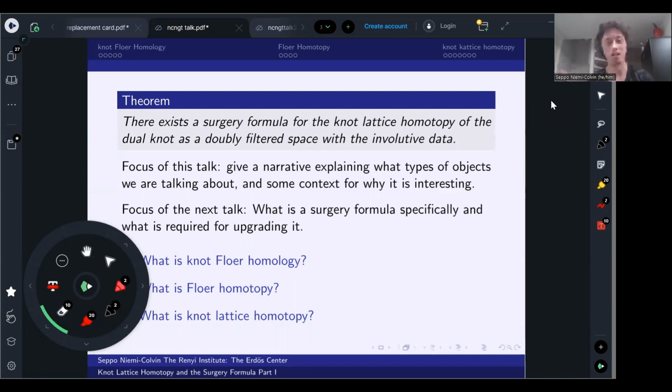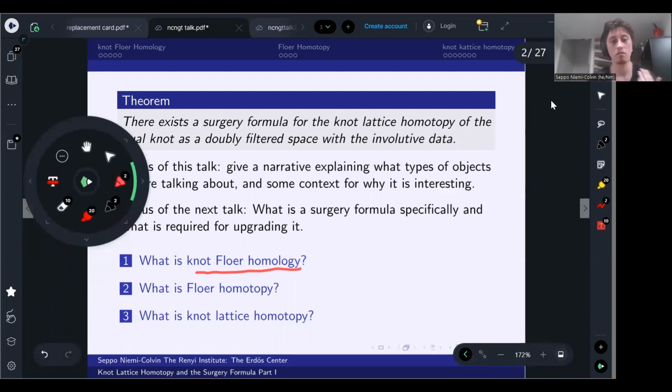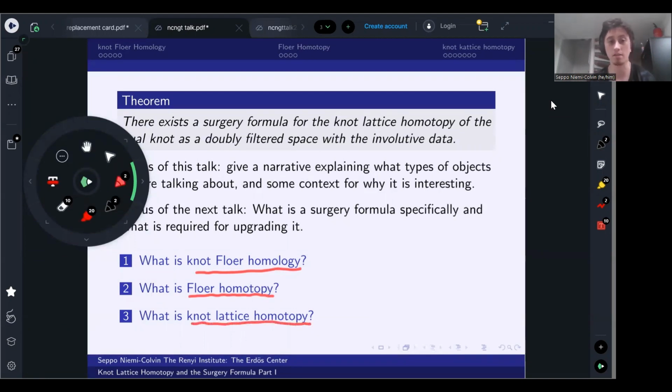So particularly, we're going to start with knot Floer homology because that's a big part of the context for why knot lattice homotopy is a thing. And then zoom in particularly to Floer homotopy, where we start adding those more homotopical notions into the picture before telling you what knot lattice homotopy is.